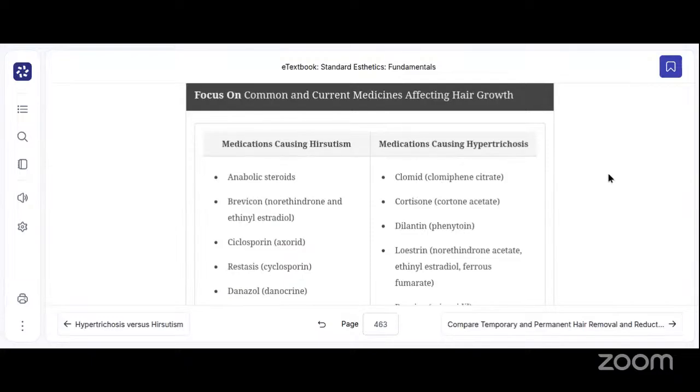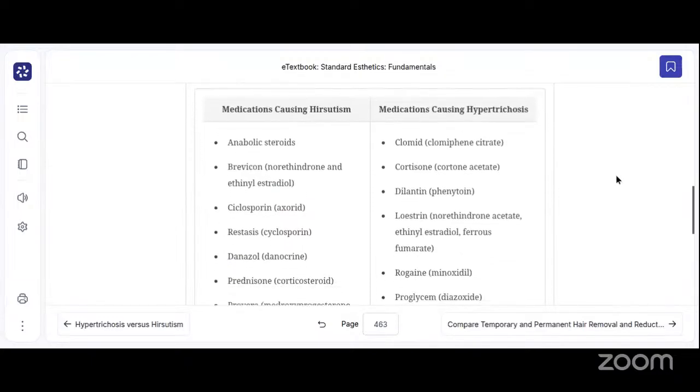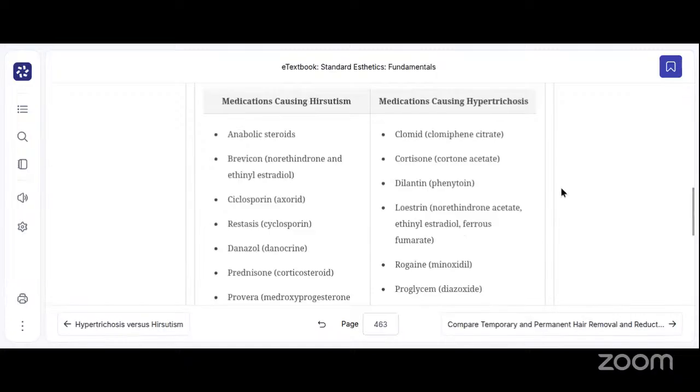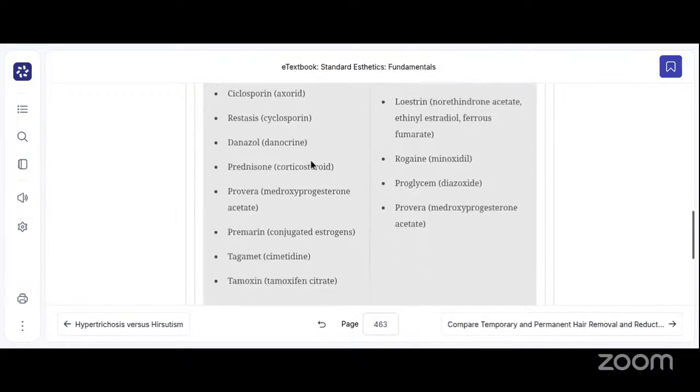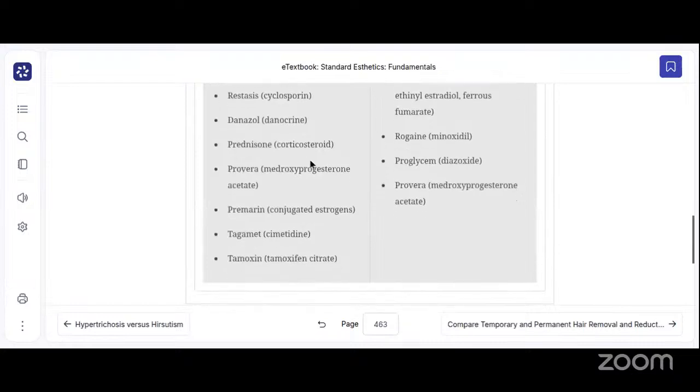Let's look at common and current medicines affecting hair growth. All right. Medications causing hirsutism. And we know we see this on women. We can look at the chest, forebeard, and buttocks areas. Anabolic steroids. Okay. Cholesterol and blood pressure medicine.